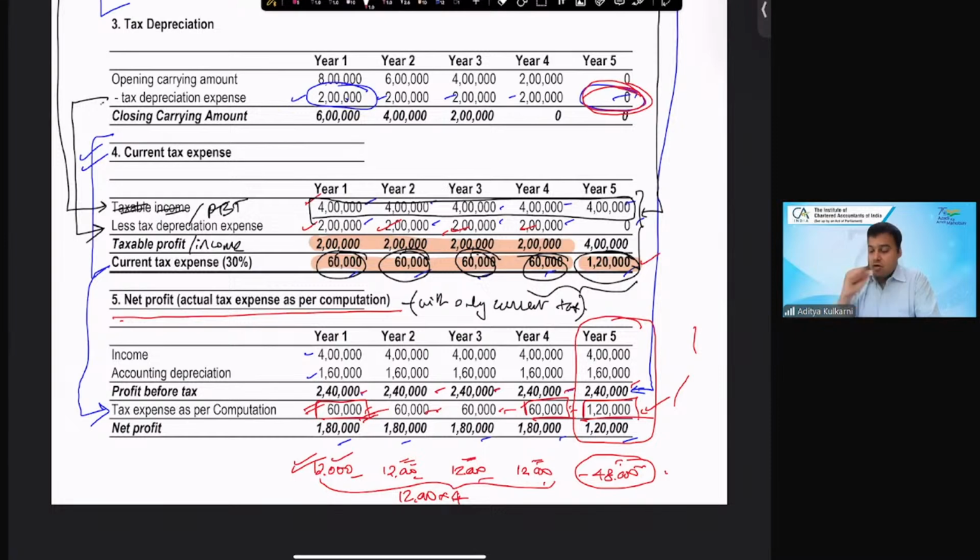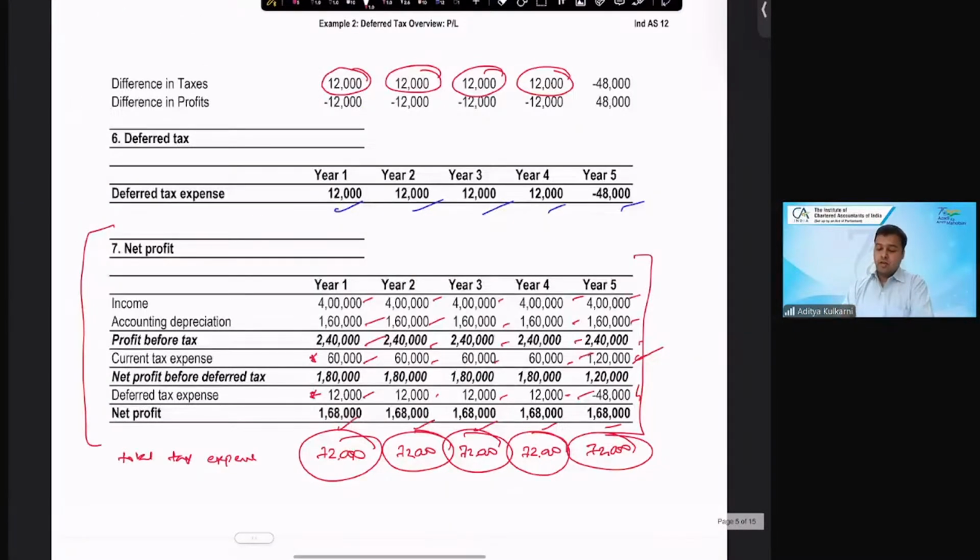Okay. Prashant, did you follow? Yes, sir. All right. Now, let us move on to the next one. So, my difference in taxes is 12,000 for the first 4 years with a reversal of 48,000 in the 5th year. Okay. So now, how do I do the accounting?